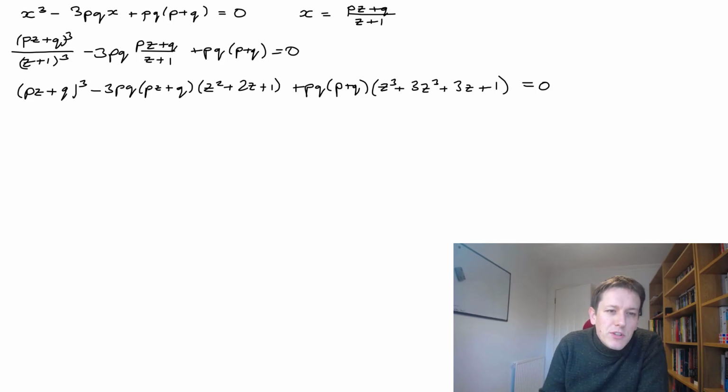So I think I'll just do a bit more multiplication out first here. So this (pz + q) cubed, again following the same structure, it's good to be able to very quickly do (a + b) cubed.